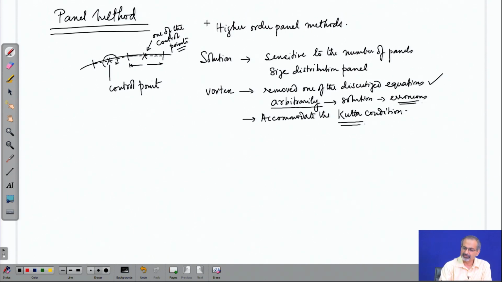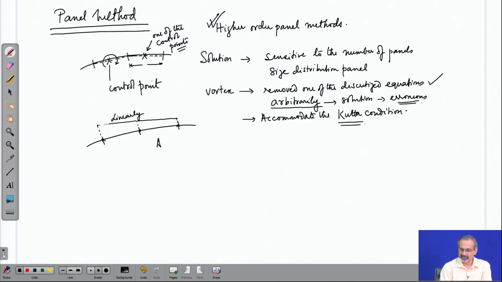One of the ways of removing or reducing these errors, as we mentioned earlier, is using higher order panel methods. And what do we do in such panel methods? Instead of defining the unknowns at the panel centers, we try to work with the strength of the singularities at the end points of each panel and make the distribution vary linearly in between or quadratically in between.